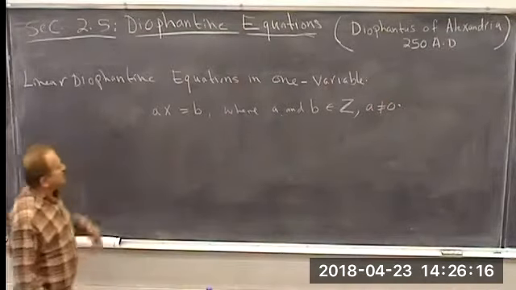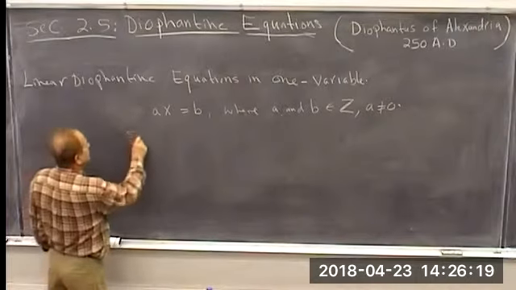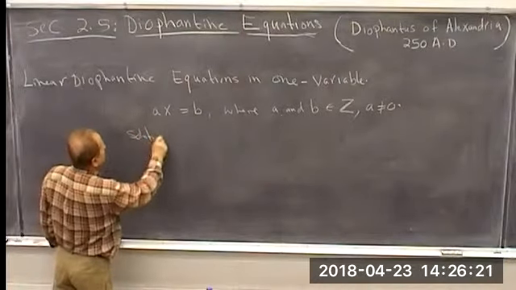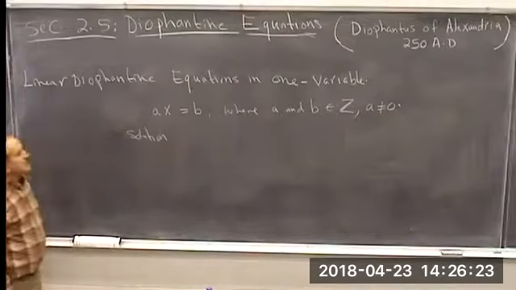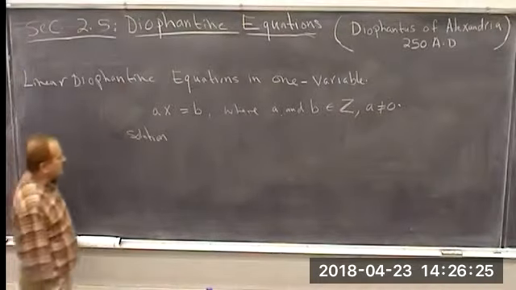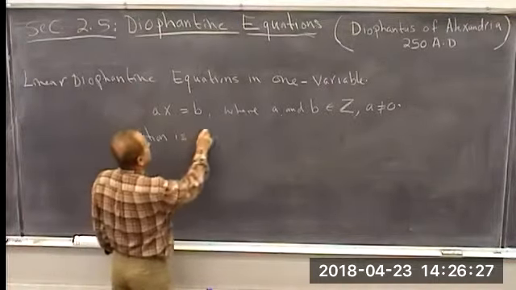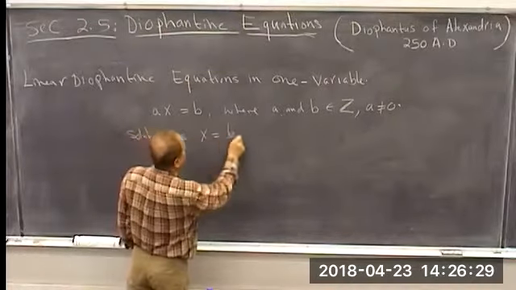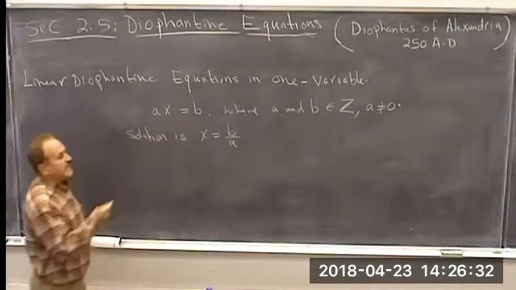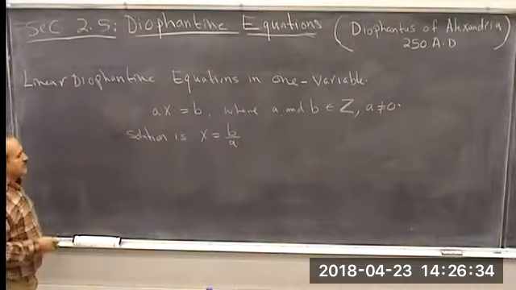Now we know that the solution of this, if you think about it as a general equation in one variable, is x equal to b over a. And since a does not equal 0, this makes sense.